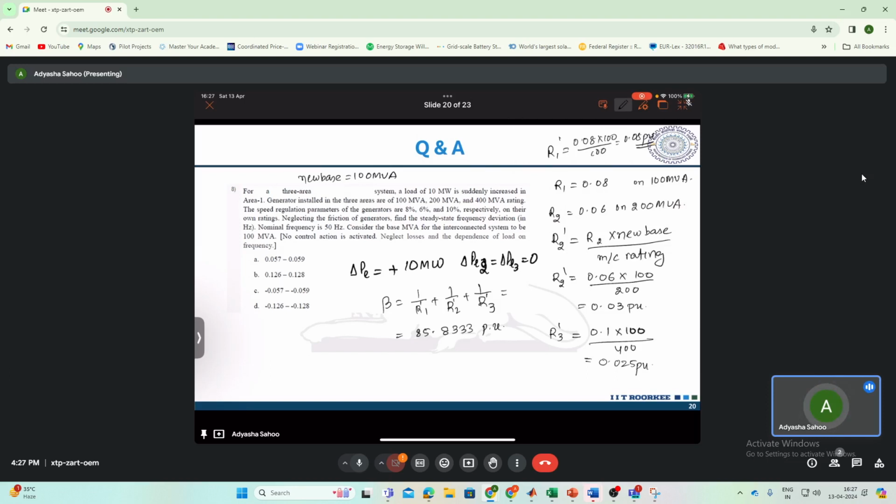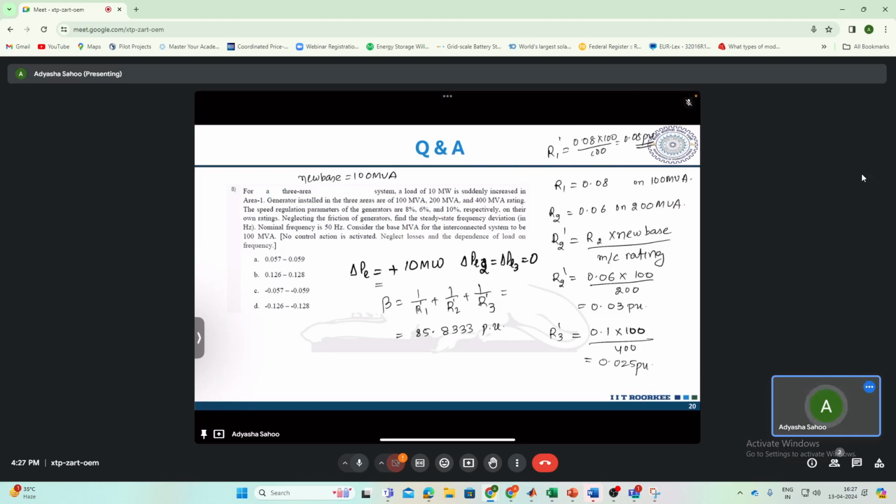Now delta PL1, that is plus 10 megawatt, or plus 10 by 100, that is 0.1 per unit.